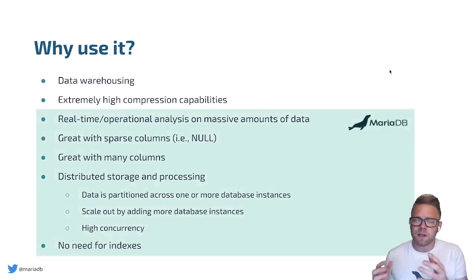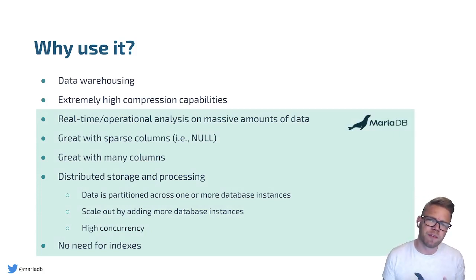There are a lot of reasons why you would want to use columnar storage, and we've seen throughout the years that it's heavily used within data warehousing, being able to store large amounts of historical or analytical data, maybe dating back years and years and years. Either way, it's just a large amount of information.